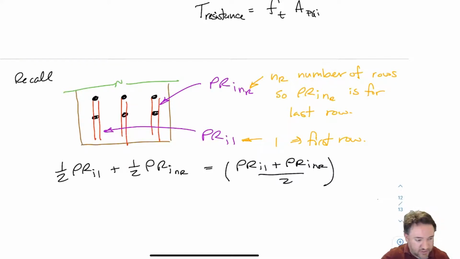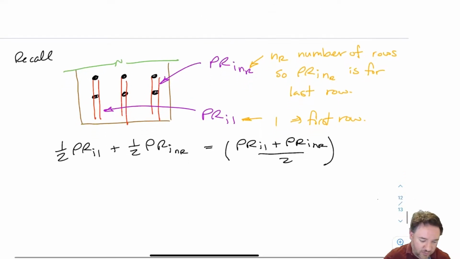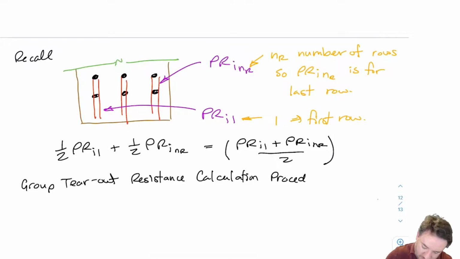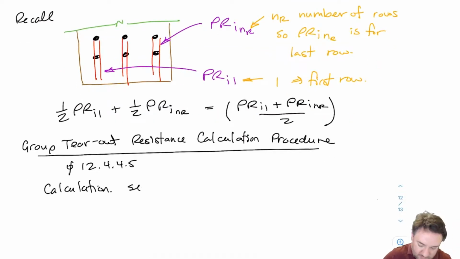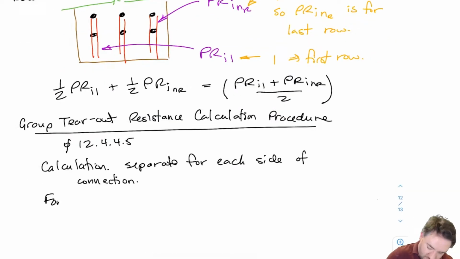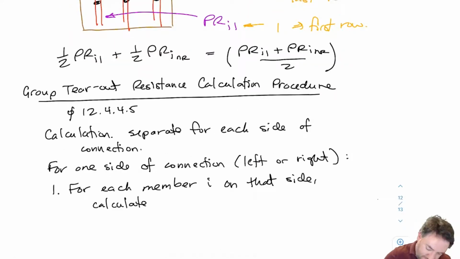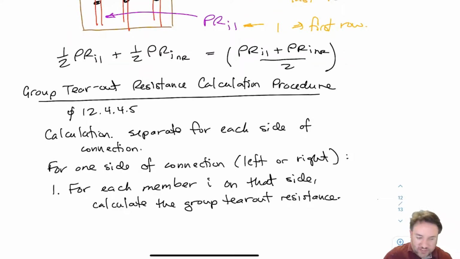Okay, so now let's go through the full group tear out resistance calculation procedure. Okay, so just like row shear, I'm only calculating at one time the resistance of one side of the connection.